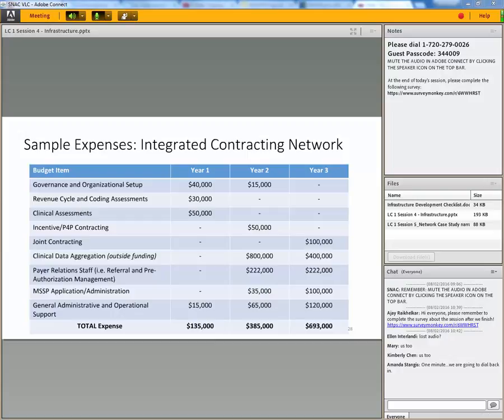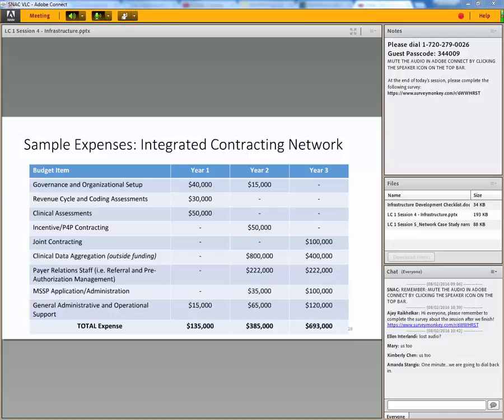And then you see things around incentive or pay for performance-based contracting, ultimately moving towards fully integrated contracting over time, the development of a payer relations function that include referral and pre-authorization management, shared savings program, entering the shared savings program, and administering the shared savings program.